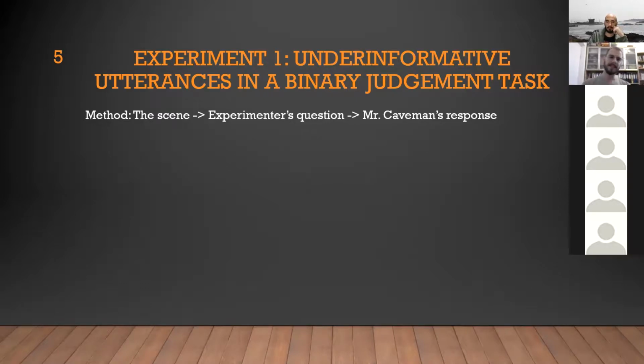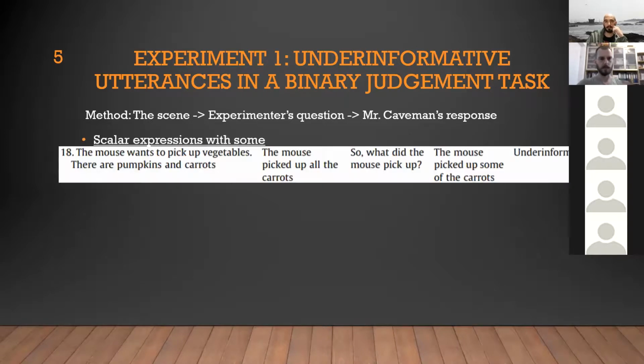So they see the scene, then the experimenter asks the question to Mr. Caveman, then Mr. Caveman gives the response, and then the experimenter asks the participants if that answer from Mr. Caveman was right or wrong. They did that with scalar and non-scalar expressions.